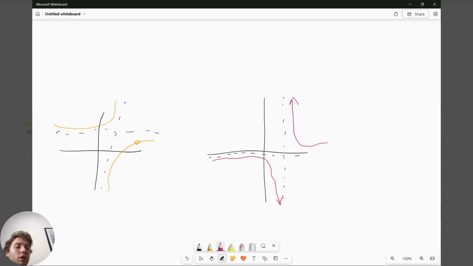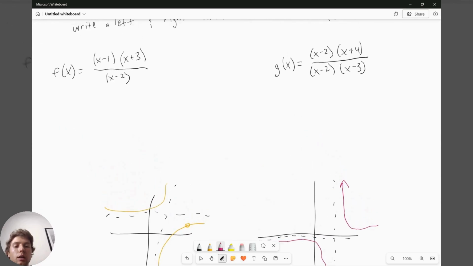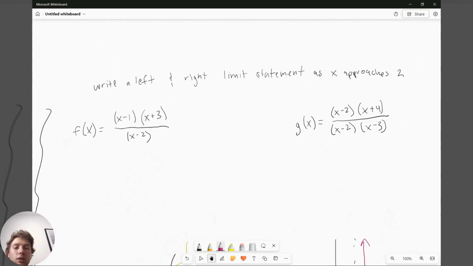It goes up forever, it goes down forever, and both ends could go the same way. They both could go down or they both could go up, but they are going to go off to infinity. So we need to figure out which of those is happening. At vertical asymptotes, your limit will always go towards an infinity, and at a hole, your function will always go towards an actual value. Let's look at the differences here.